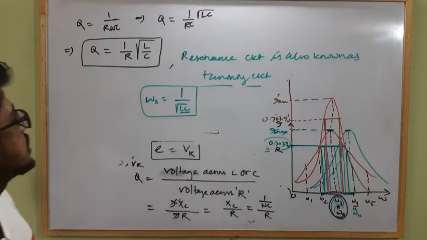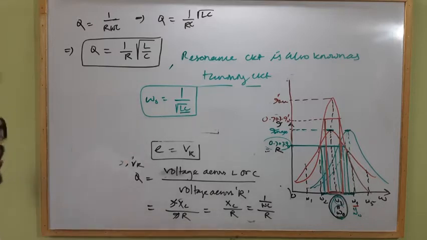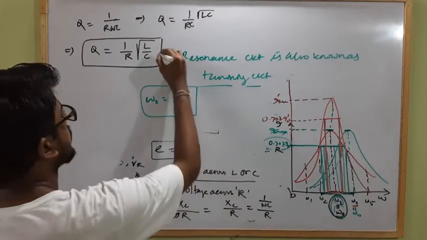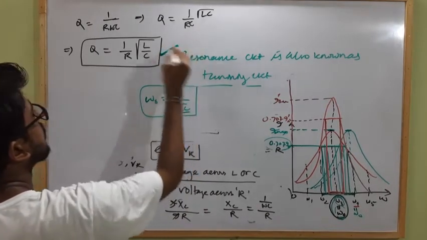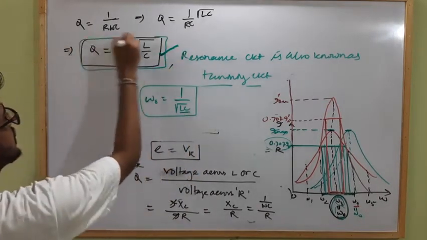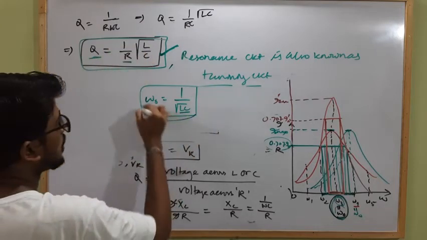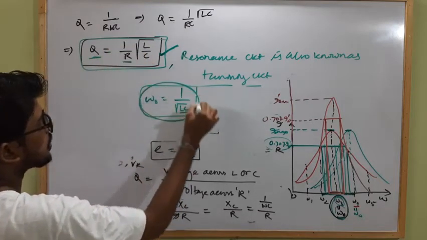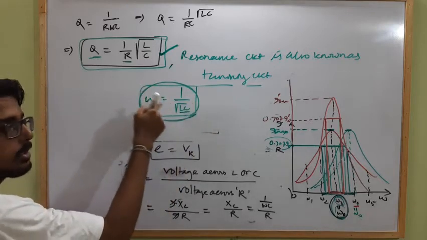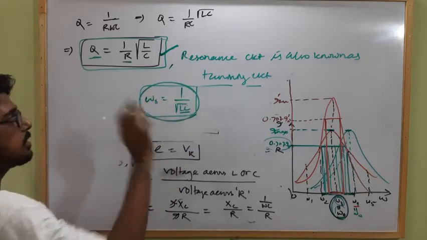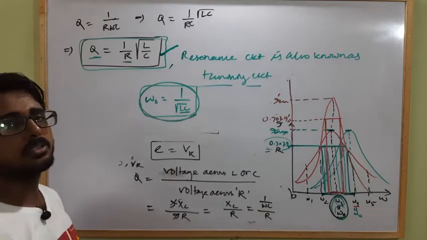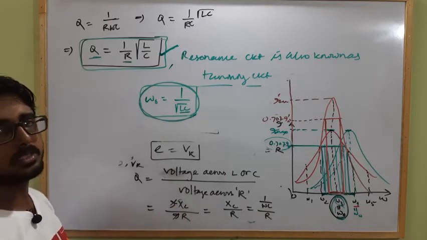Clear? So next we will study what is the power average, and you have to remember this formula. This is the quality factor for a given LCR circuit, and Q value will increase if R will decrease, and this is the natural frequency of an LCR circuit. If the output signal frequency matches with this one, there will be a resonance and the circuit will become a resonance circuit.